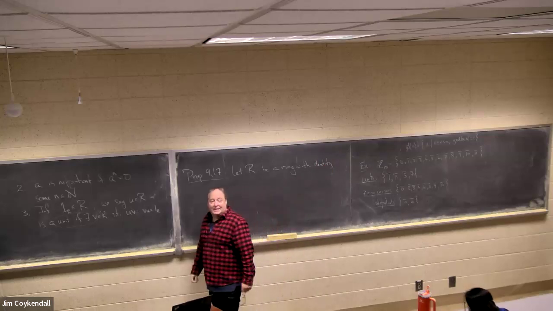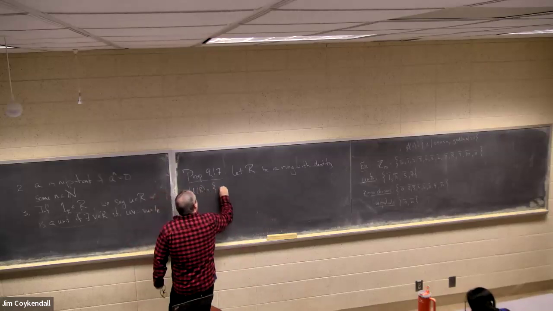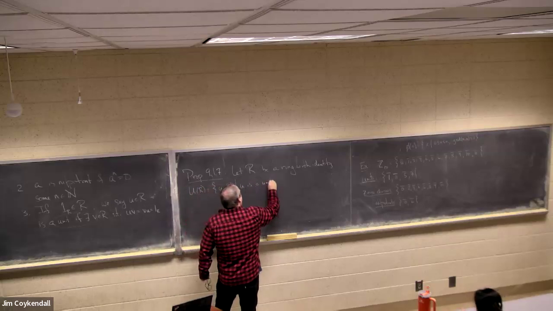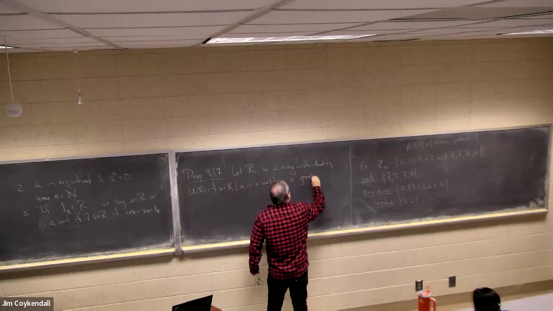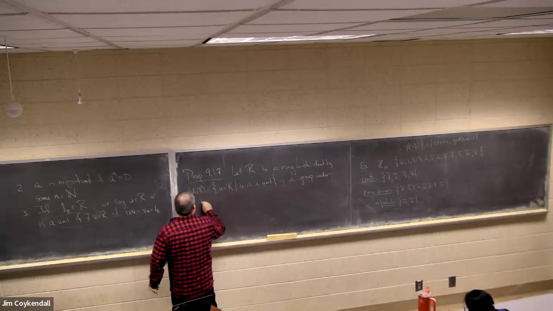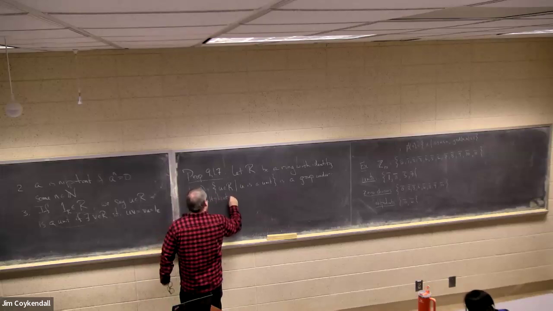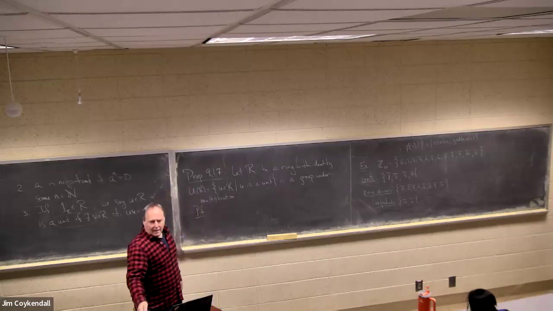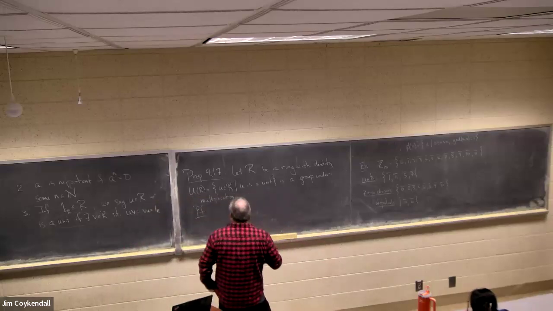Let R be a ring with identity. Then U(R), the set of U in R such that U is a unit, is a group under multiplication.